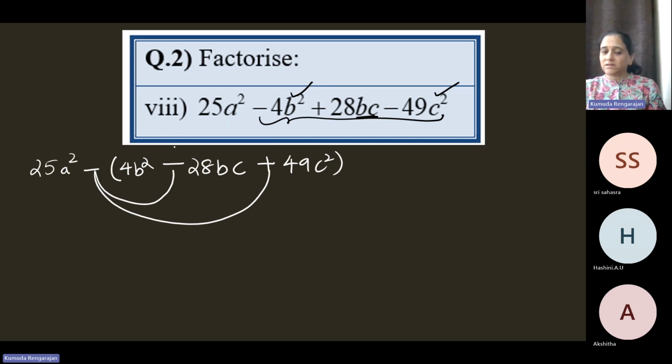See, we are not taking out the HCF. The HCF is 1. 4b squared, 28bc, 49c squared. What is the common factor? What is common between all three? Nothing, meaning 1 is the HCF. We are not taking out the HCF. We're just trying to write those three terms in a bracket because they make a group. If they make a group, they must be in a bracket.